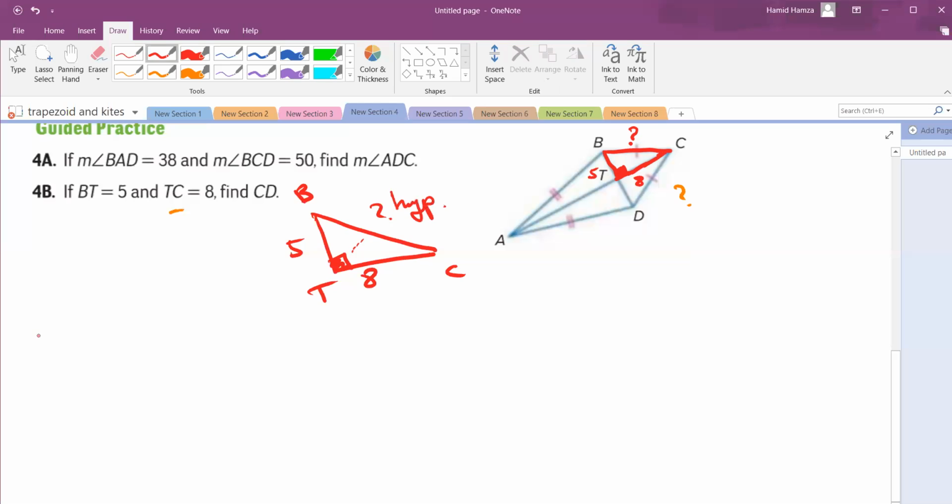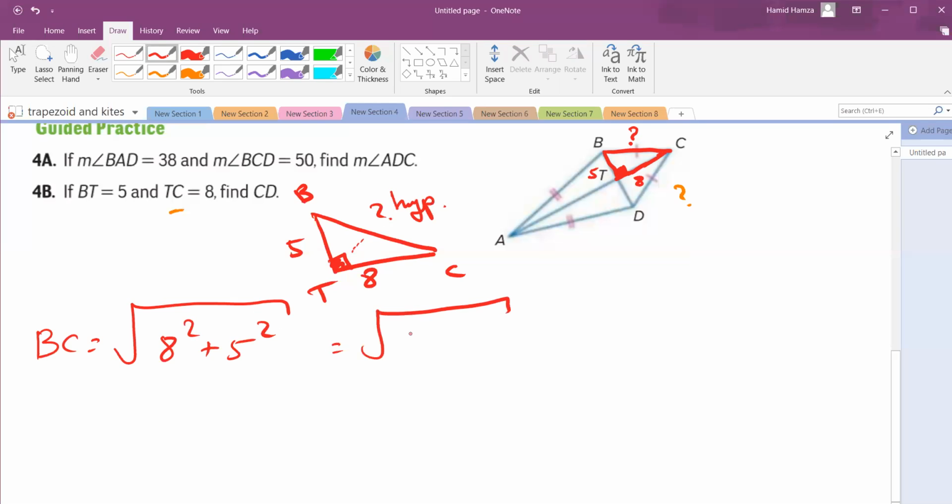The hypotenuse BC will be equal to the square root of the sum of the squares of the two legs. So that means 8 squared plus 5 squared. So it will be square root of 64 plus 25, which is root 89.